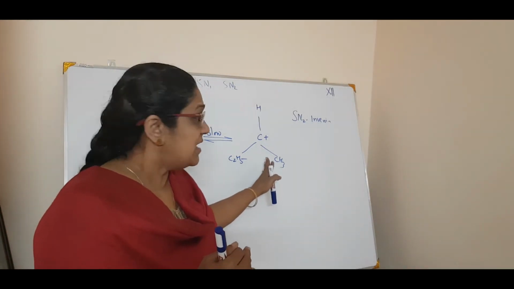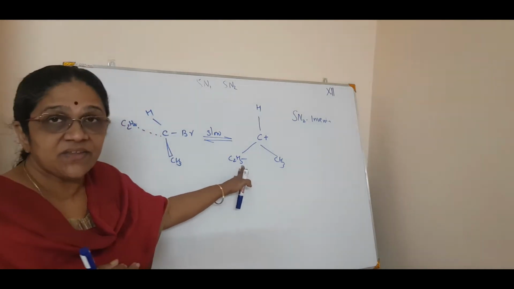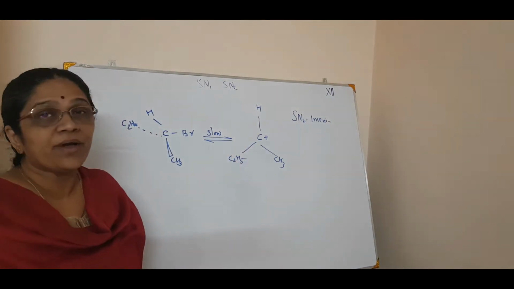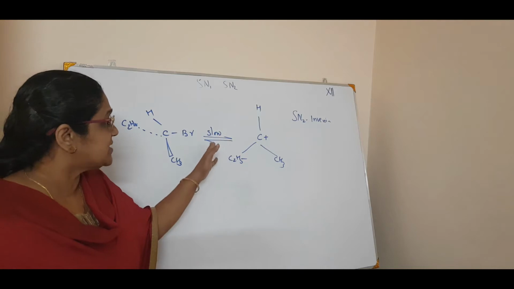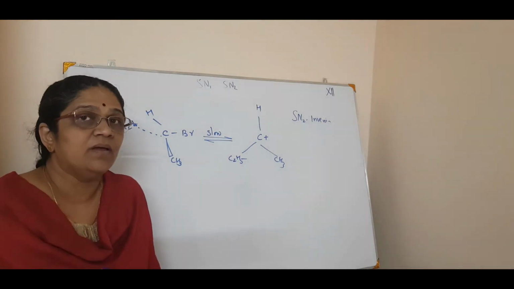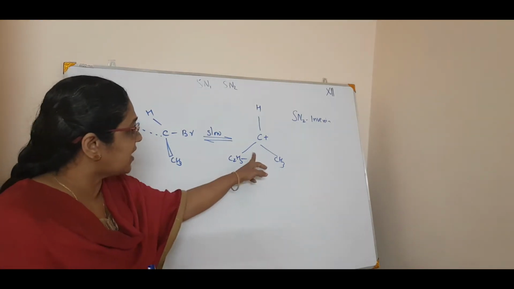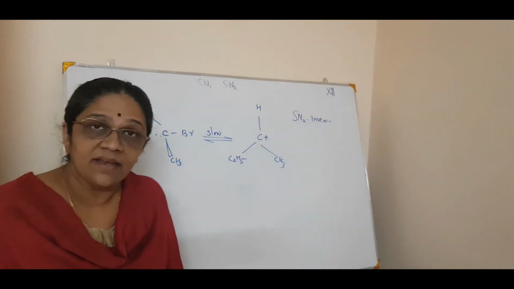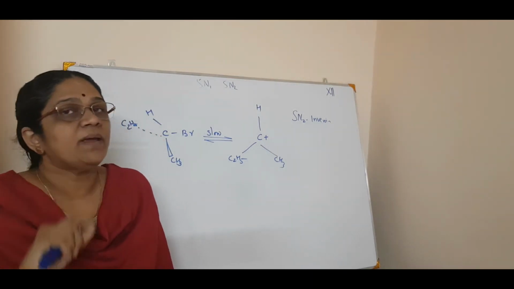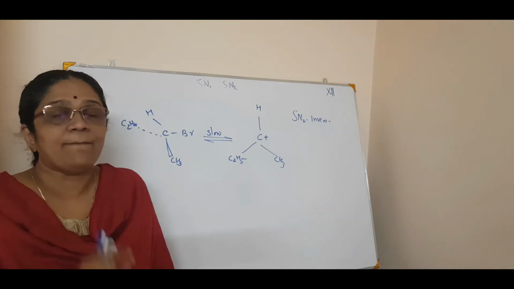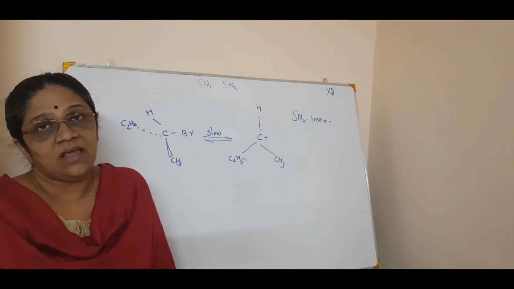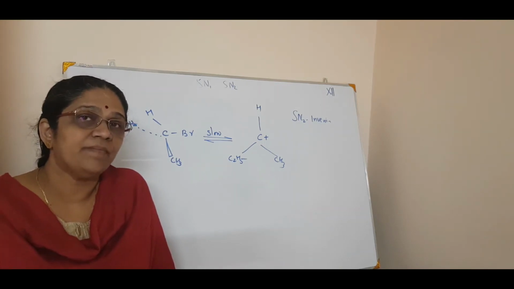Now here is the interesting thing. Once the carbocation is formed, that is, the slowest or rate determining step is over, we said that in the SN1 mechanism, racemization happens. Now what is this racemization?